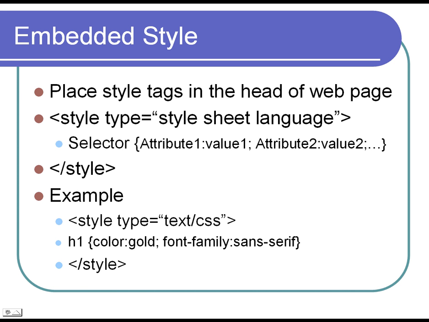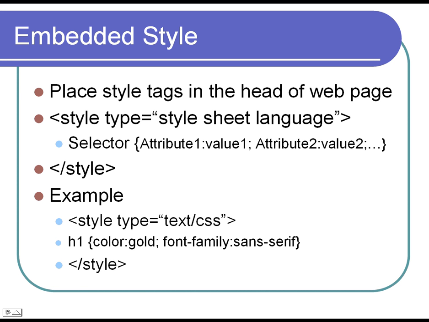The embedded style, like I said, is done up in the header. The style is set up as a separate style tag. You put the word style, type, equals, and then what they call the style sheet language, which is some of your selectors.